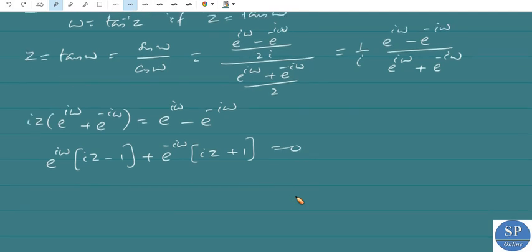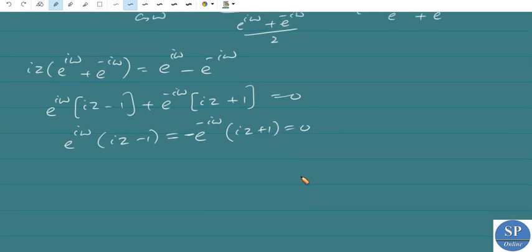Or we can write e power iw into iz minus 1 is equal to minus e power minus iw into iz plus 1.